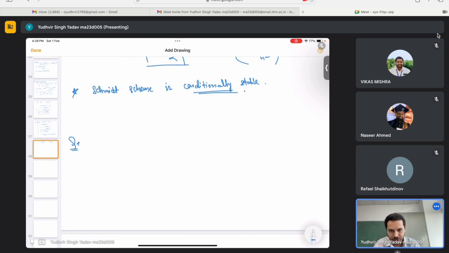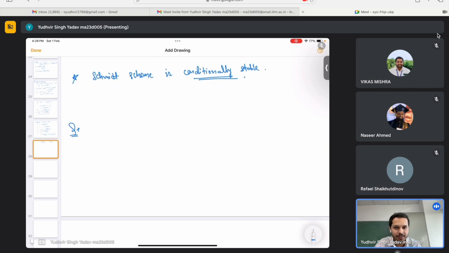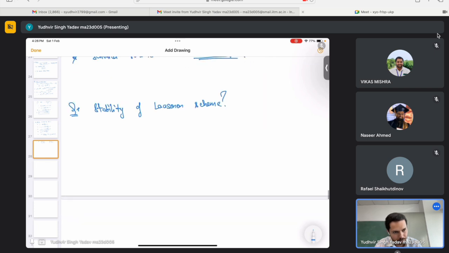Next question, we will take the stability of the Laasonen scheme, or the implicit scheme. So in the Laasonen scheme, first we will write the scheme.